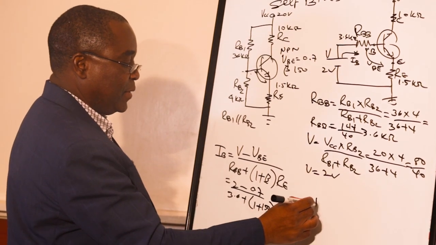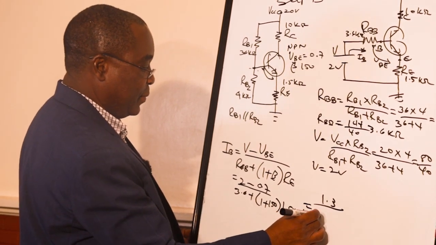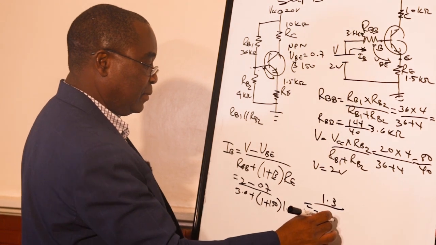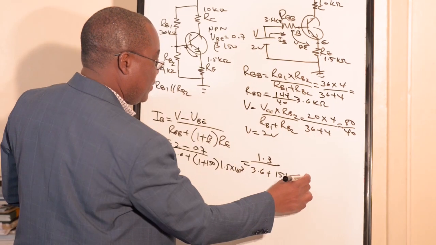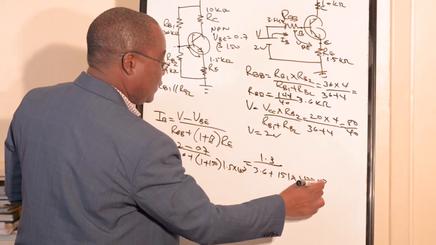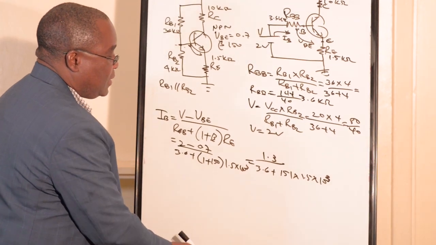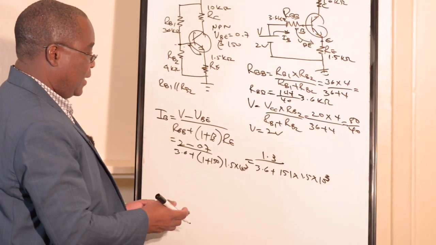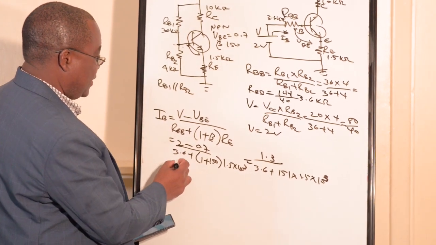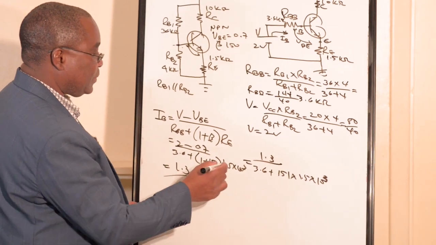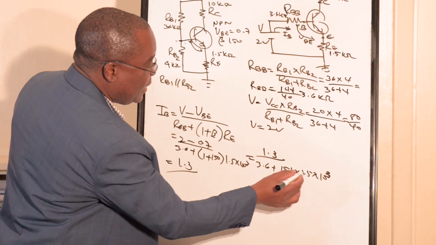So we have here 1.3 over 3.6 plus 151 times 1.5 times 10 to the power 3. This is another algebra, where you can have the values here: 1.3 over 151 times 1.5.